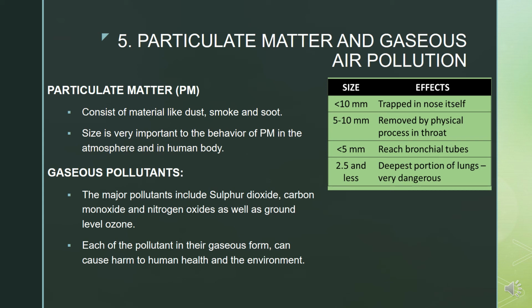Less than 10 micrometers is trapped in the nose itself. 5 to 10 micrometers is removed by the physical process in the throat. Less than 5 micrometers reaches the bronchial tubes. 0.5 or less reaches the deepest portion of the lungs, very dangerous.